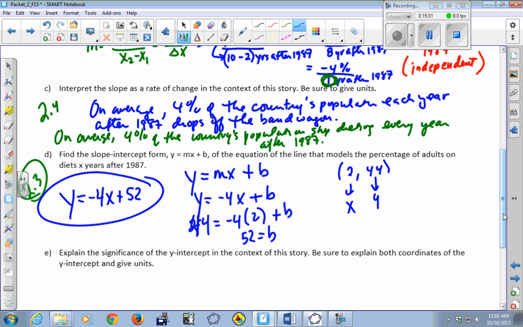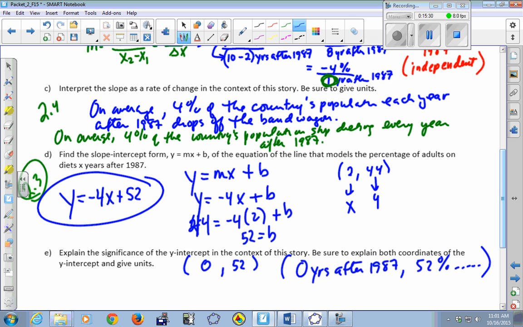It always helps for you to write down the coordinates, (0, 52). Once you do that, if you then put in the actual units, 0 means years after 1987, and 52 is a percent of the country's population on a weight loss diet, but I'm not going to write all that because I'll be writing it in a minute. The minute you put those units in, you can actually then go right into your complete sentence to interpret it.